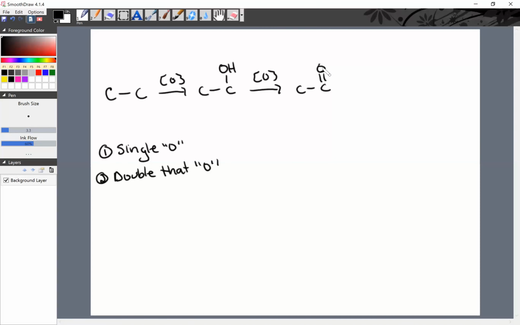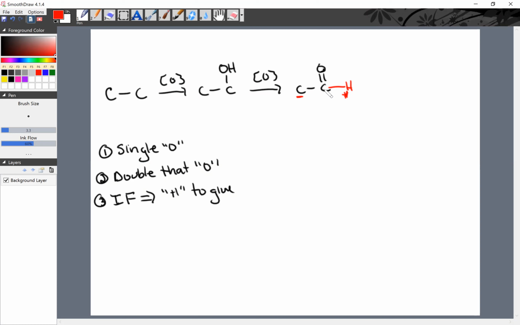Now the next step has a big if associated with it. If there's a hydrogen to give, and what I mean by that is, is there a hydrogen directly connected to that carbonyl? Okay, so not out here, not on the methyl. It has to be directly connected to the carbonyl.